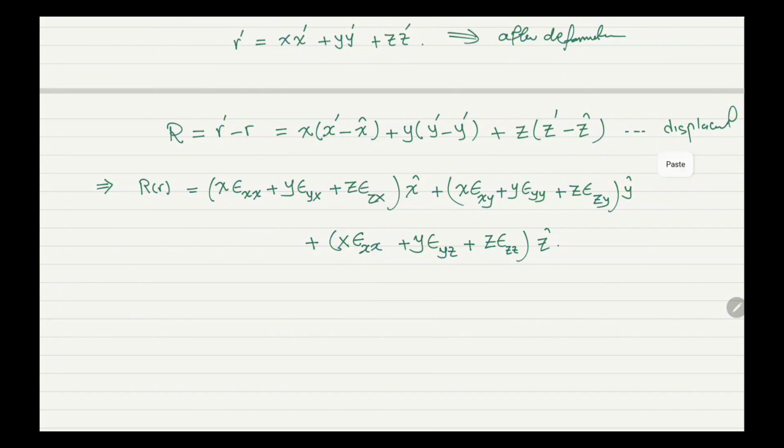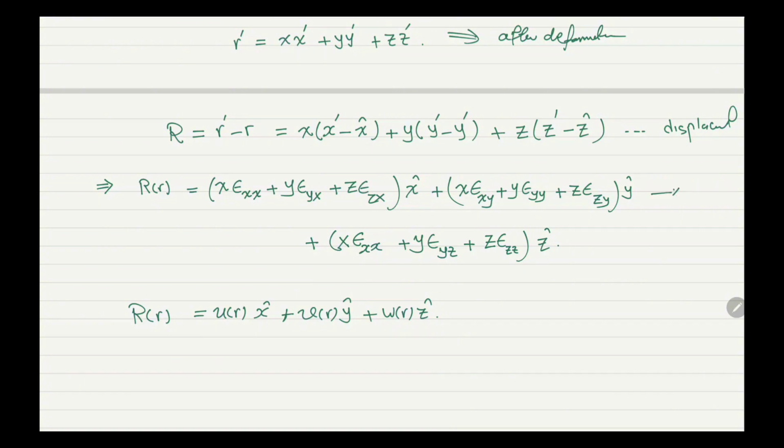In a more general form, let's introduce u, v, and w. In this case, the displacement equals u of r x hat plus v of r y hat plus w of r z hat. And remember, if the deformation is non-uniform, we have to relate u, v, w to the local strains.